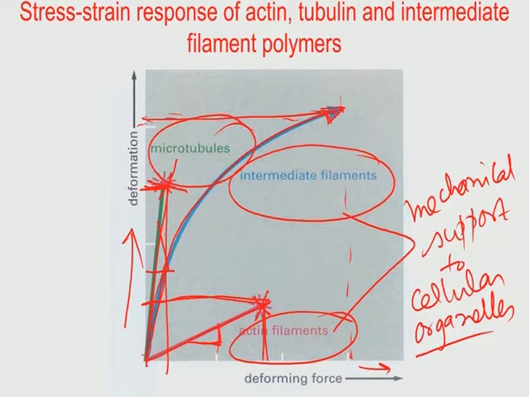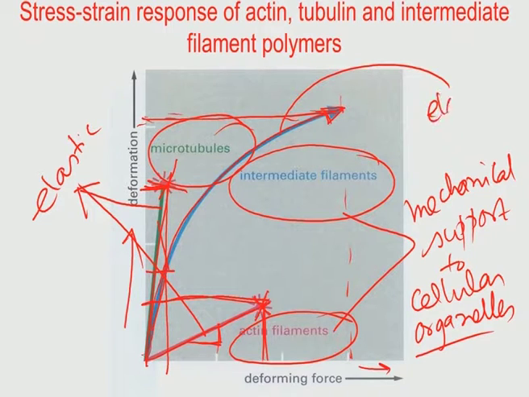So, this slide essentially captures the characteristic difference in the mechanical response among actin filaments, intermediate filaments and microtubules. To summarize this behavior, actin filaments and microtubules show a very perfectly elastic kind of response. Now, intermediate filaments show elastic and viscoelastic type of response.